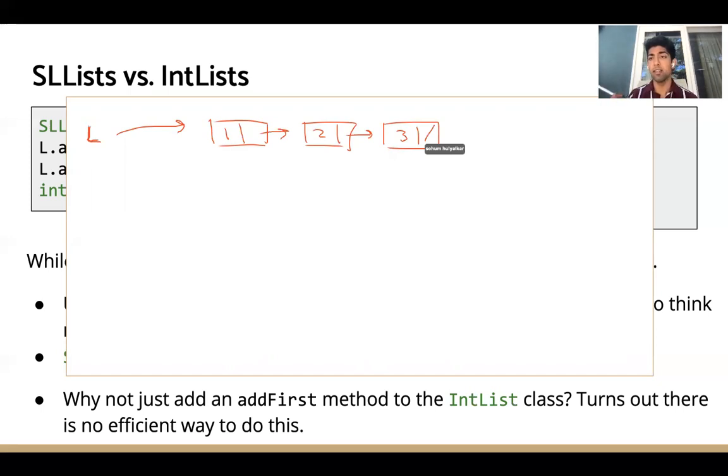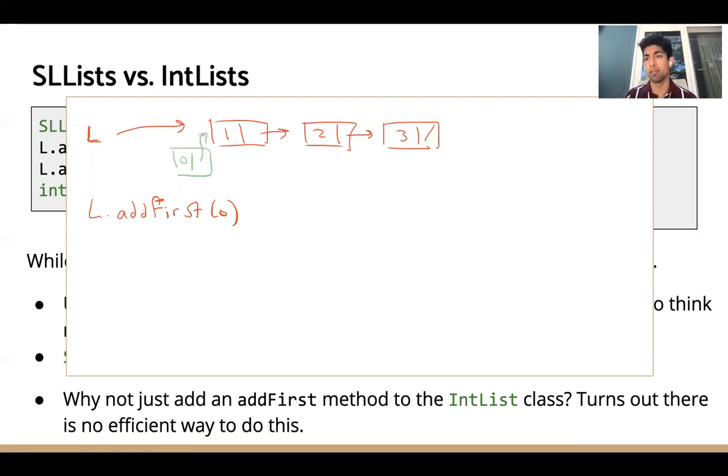So if I wanted to have an add first method in the int list class, it would probably work like so. Where I do L.add first 0, and what we expect to happen is that we have a 0 node in the beginning here, okay?